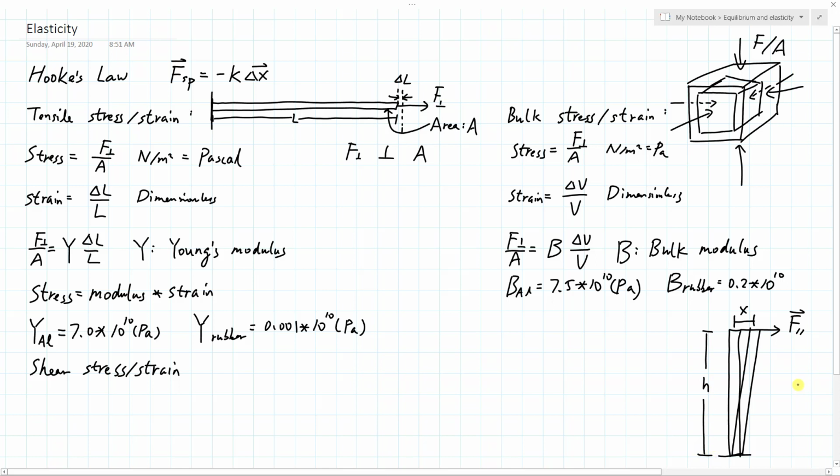So to describe this stress and strain, I have stress equal to this F parallel over the total area, in the same unit, pascal. And strain, again a dimensionless quantity, is x over h, right?